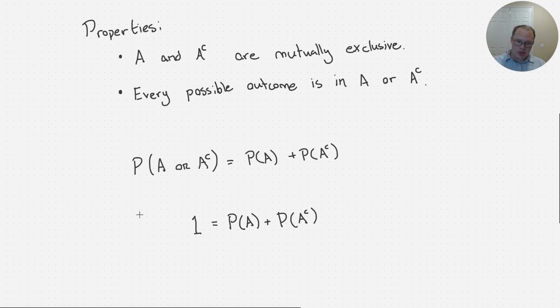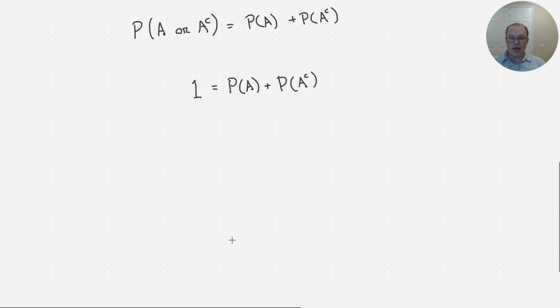This is going to be especially useful if we're looking at something like winning and losing. For a lot of games, winning and losing are the only two possibilities. If that's the case, then they're complementary events.